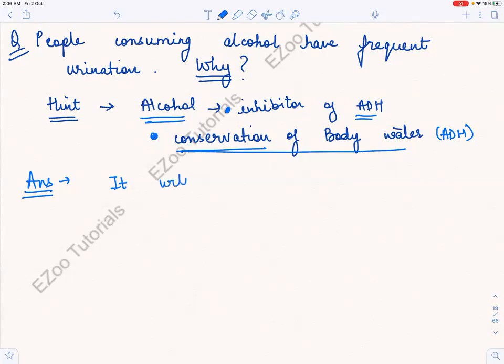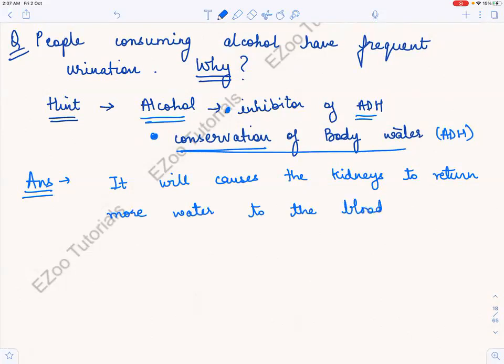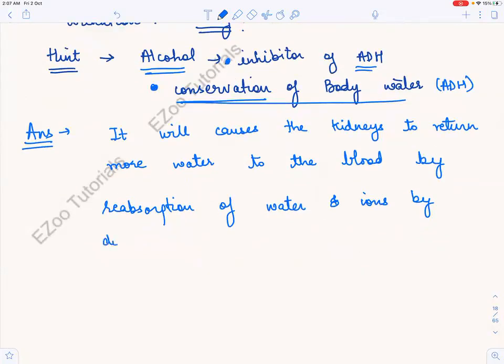So it will cause the kidneys to return more water to the blood by reabsorption of water and ions by distal tube.